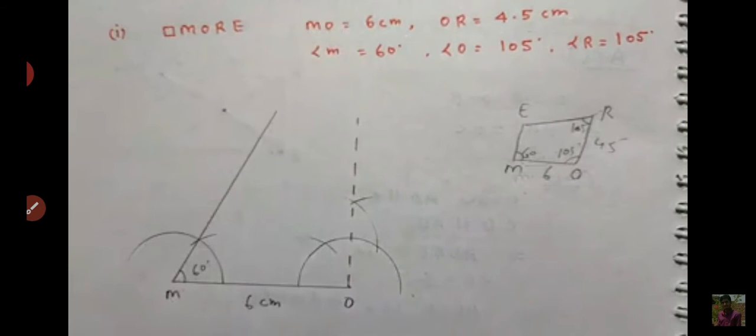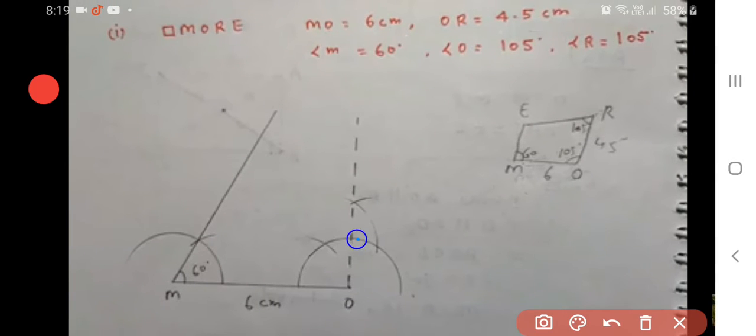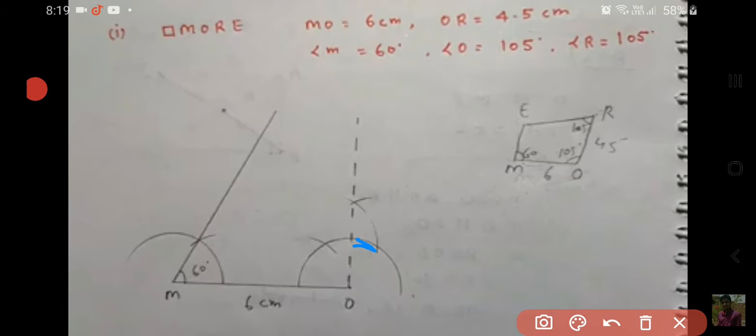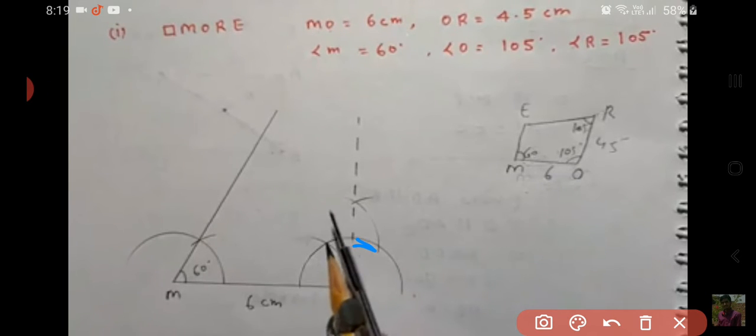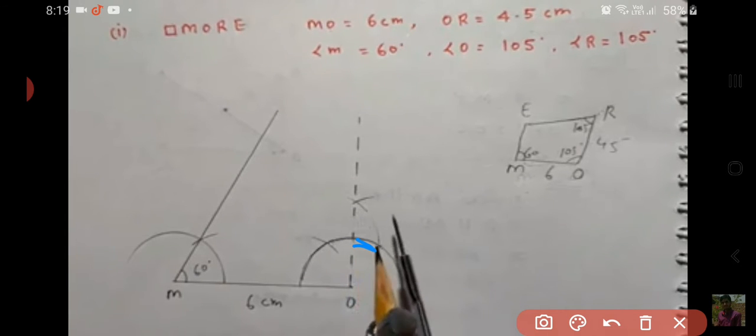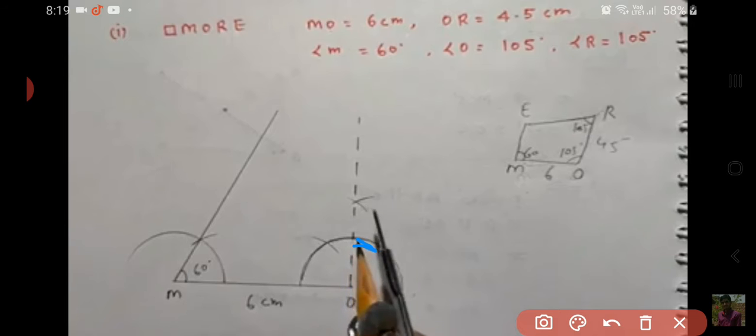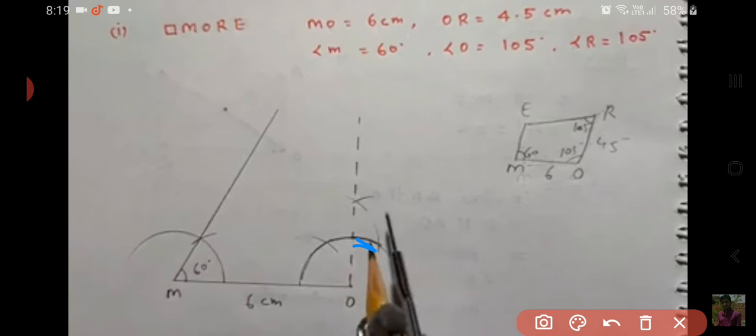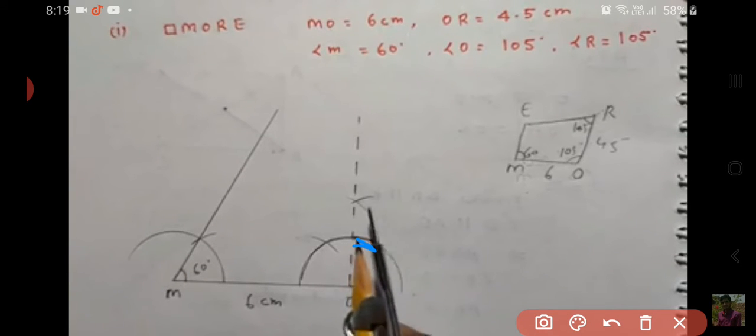Now between 90 and 120 we have to find 105 degree. So the bisector of 90 and 120 is 105 degree. So draw the bisector of 90 and 120.